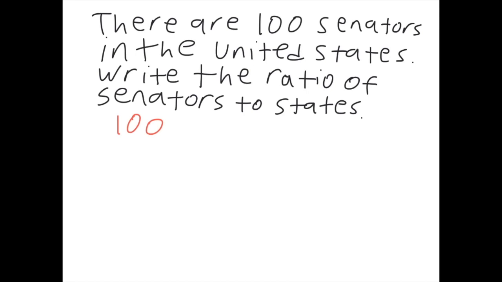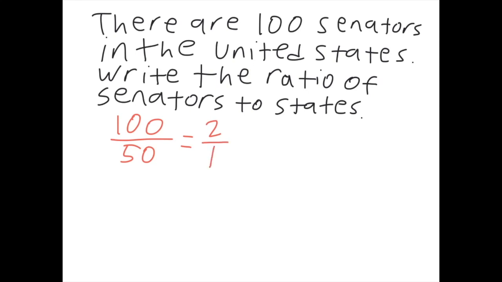And hopefully you know that in the United States there are 50 states. So this is a ratio of 100 to 50. So to reduce this down as much as we can, this would be 2 over 1.